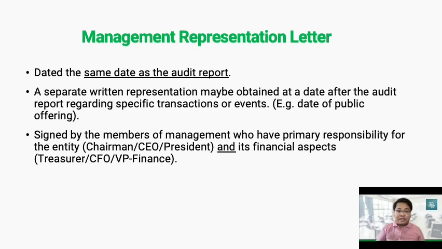Therefore, at a minimum, there are two responsible officers who should sign the letter: one with primary responsibility for the overall conduct of the operations of the company, like the chairman, the president or the CEO, and another responsible for the financial aspects, like the treasurer, the CFO, or the VP for finance.